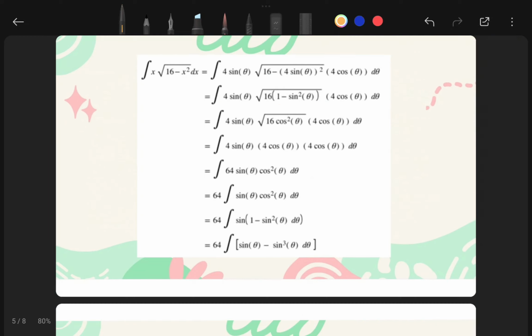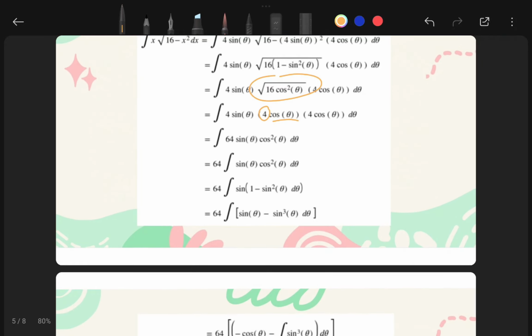After that, we can simplify it by taking the square root. The square root of 16 we get 4, and the square root of cos square theta we get cos theta, which eliminates the square of the cos. After that, we simplify by multiplying all the algebra and the trigo terms, which is 4 times 4 times 4 equals 64.